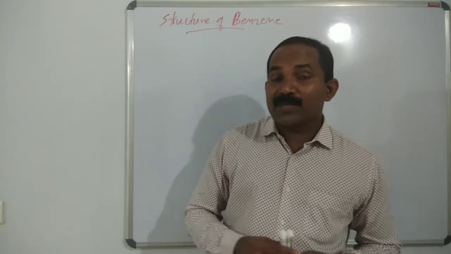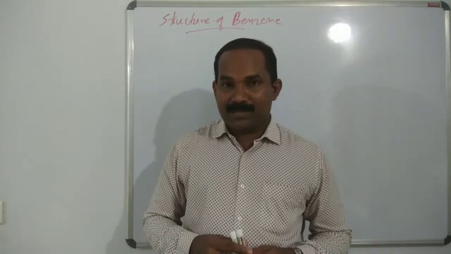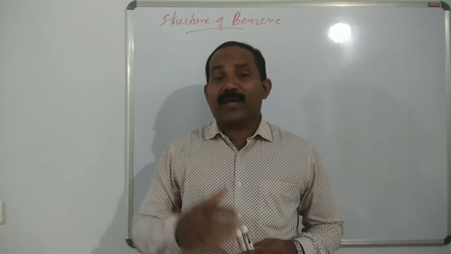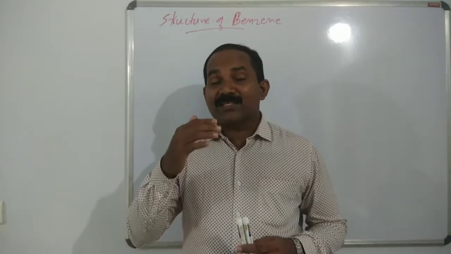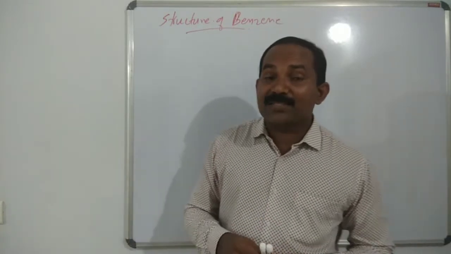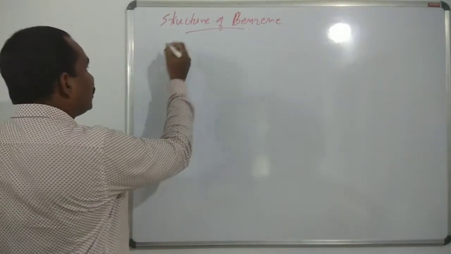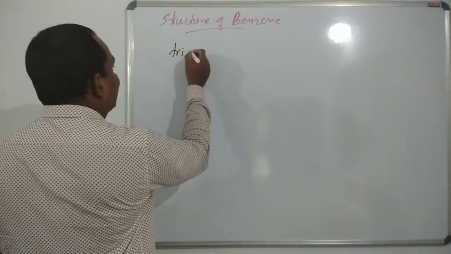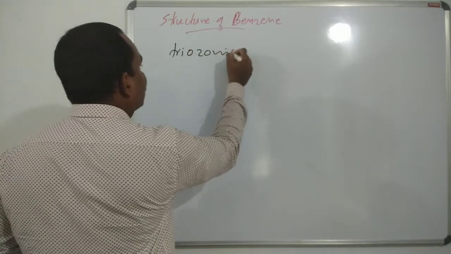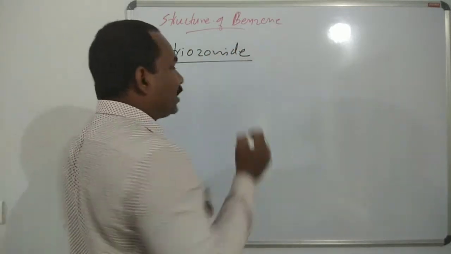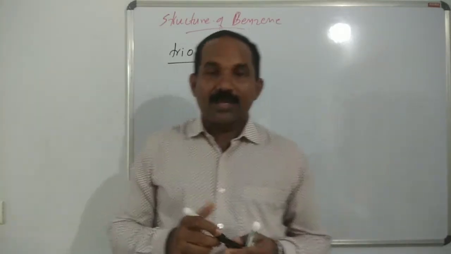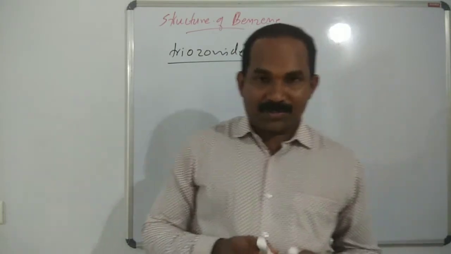Benzene forms a triozonide, and that's why the scientists assumed it contains three double bonds.